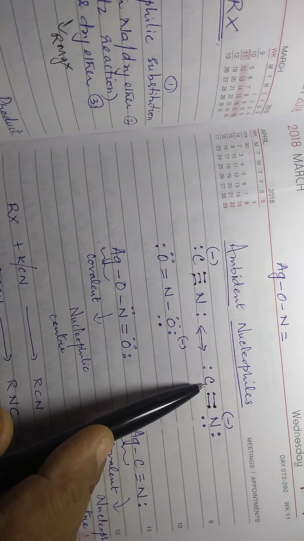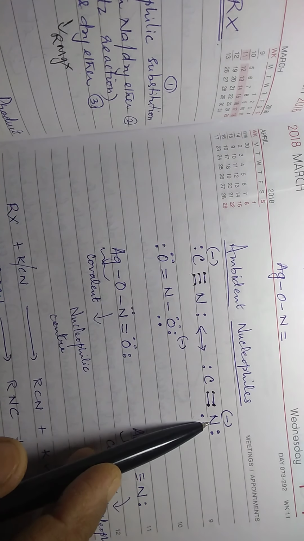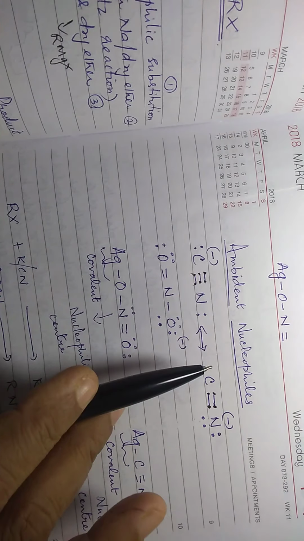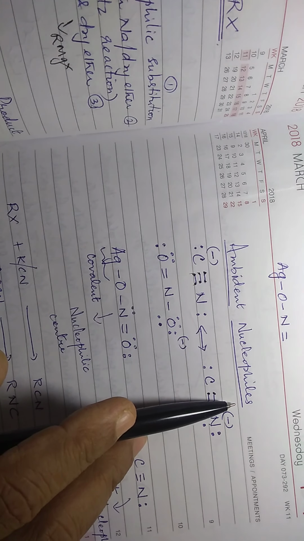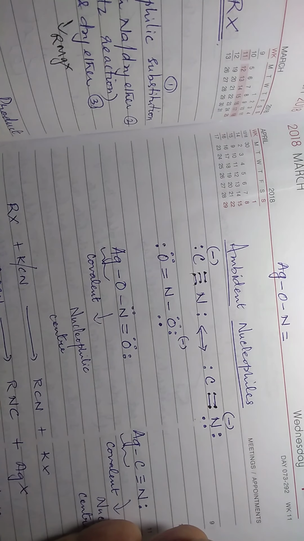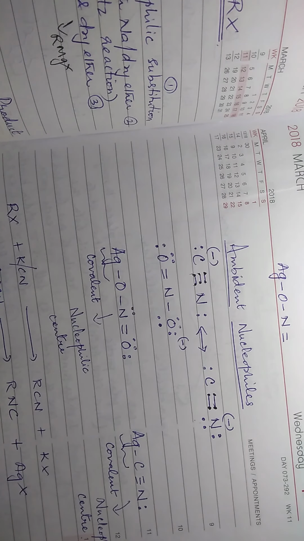And nitrogen is holding a negative charge, so this can act as a nucleophilic center. That is why such nucleophiles are called ambident nucleophiles, because the attack may take place from either of the atoms in that particular species.